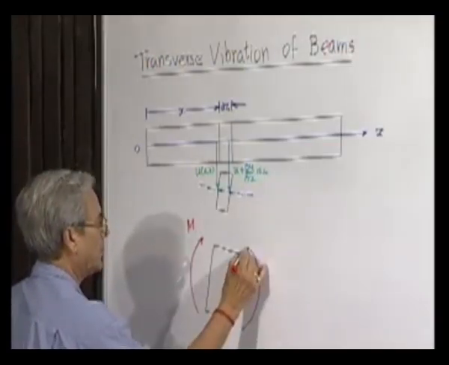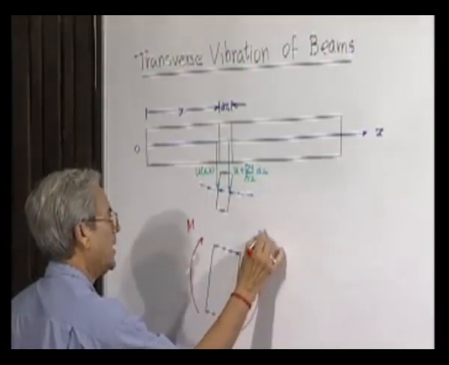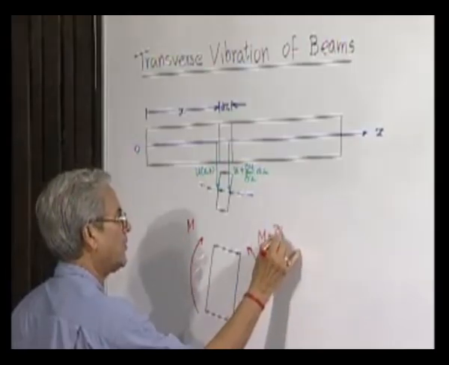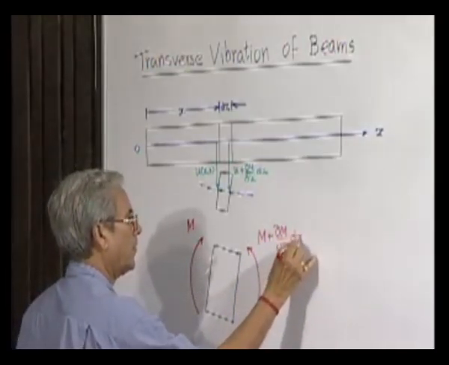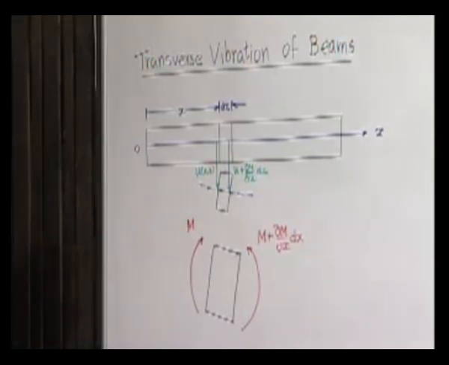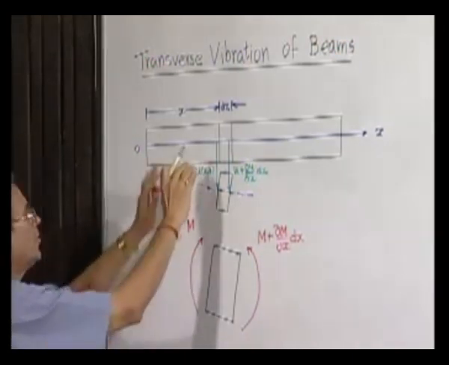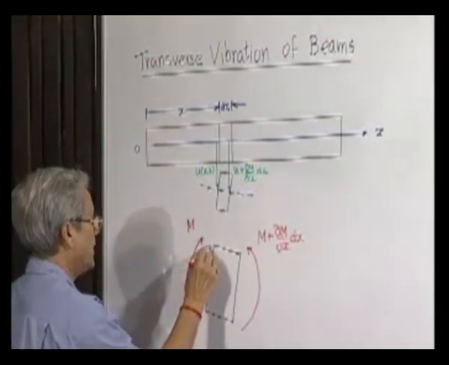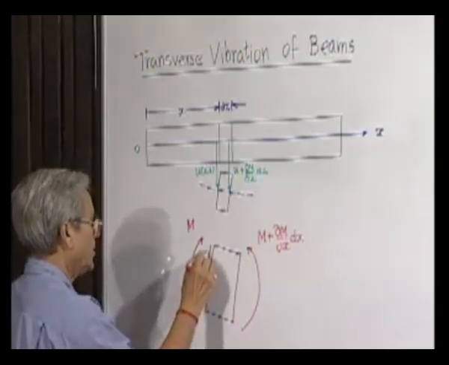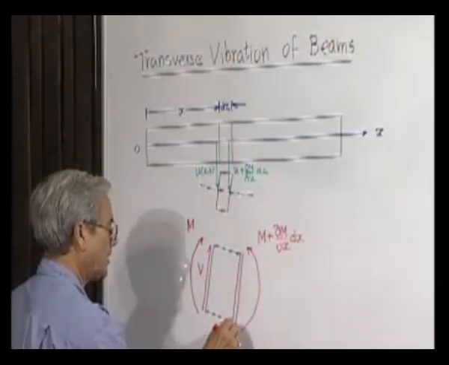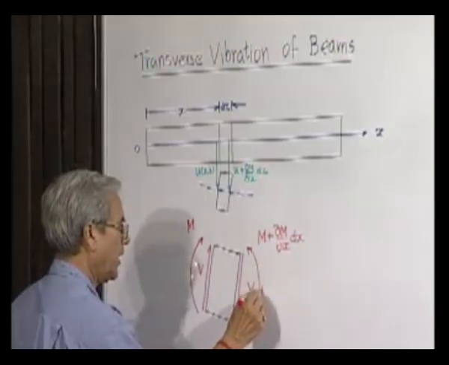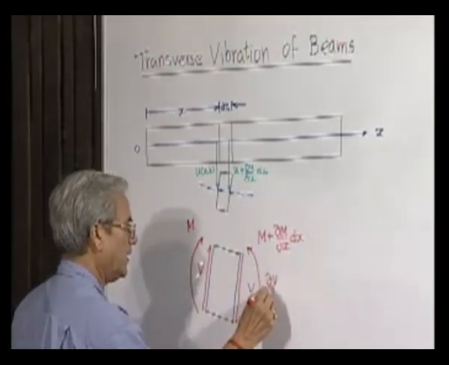The bending moment at the other end will be M plus a little different from this. Then we also know that during bending, this face will be subjected to a shear force, which is say V, and the other end will also be subjected to V plus del V.